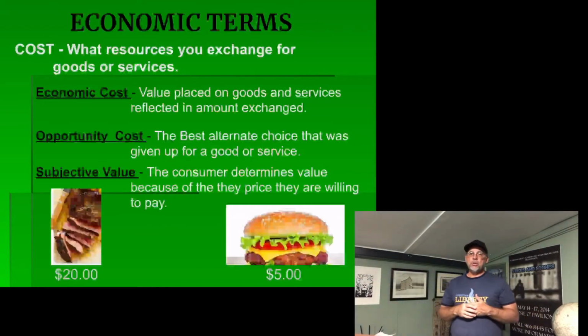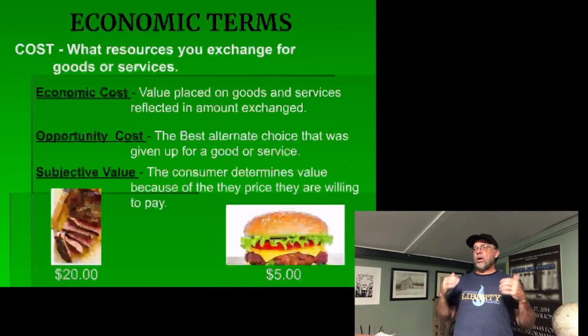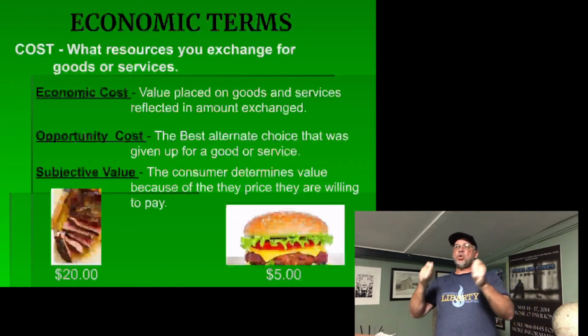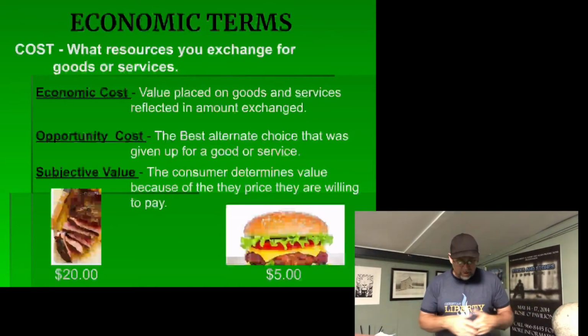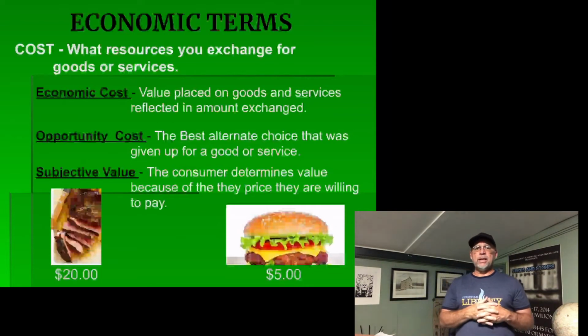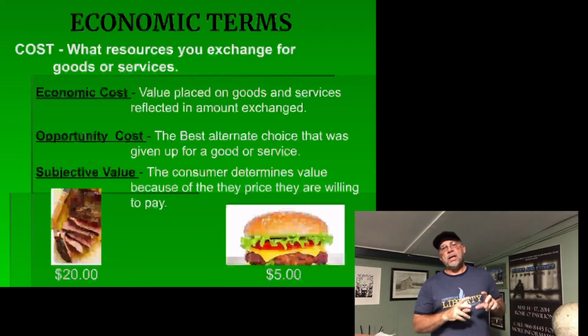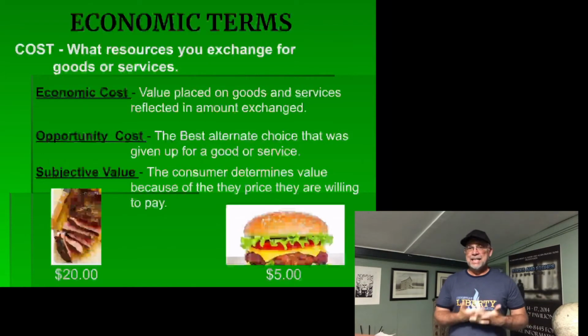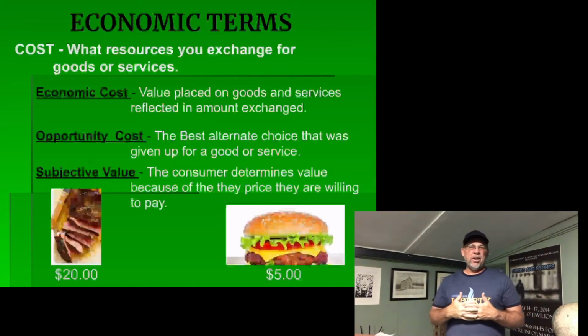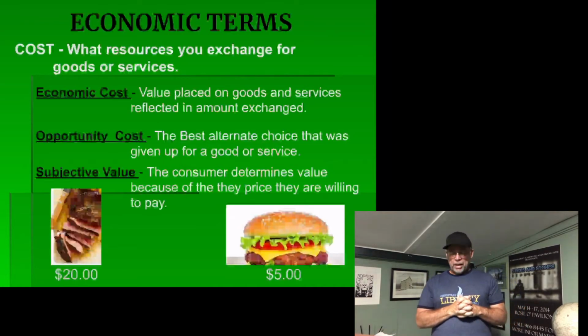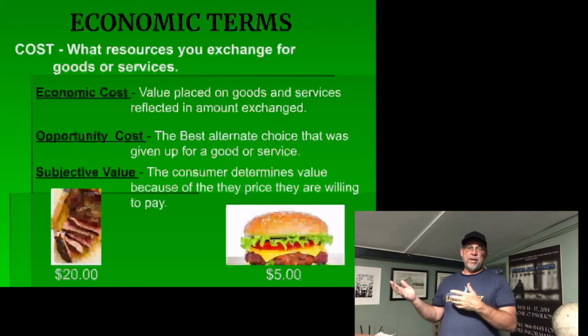The next one is opportunity cost. One thing you have to realize is that when you make a choice to buy something, you are actually limiting your opportunities in the future. One of the examples I like to give, if you look on your slide here, there is a picture of a nice steak, and let's say that steak costs $19.99 or $19.50, and it comes with steak fries and things like that, maybe a blooming onion if you're at Outback, or let's say that's a double cheeseburger on the side for $5.